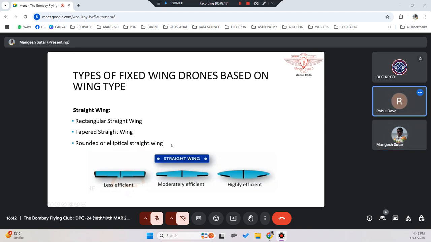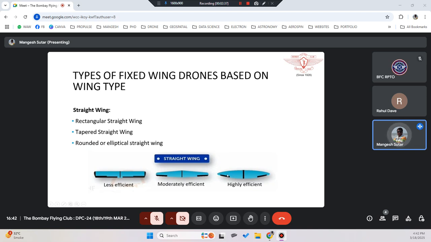If you see the straight wing, where the shape is very rectangular, they are very less efficient. Whereas as you change the shape, you angle it, the tapered kind of thing, they will probably improve the efficiency.